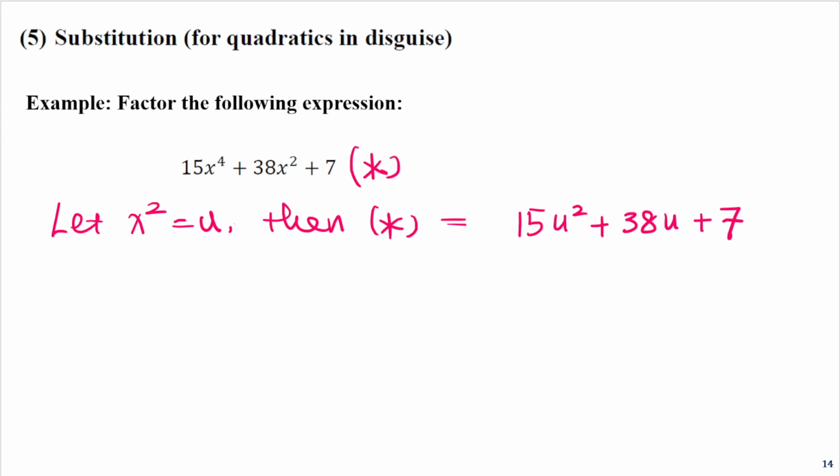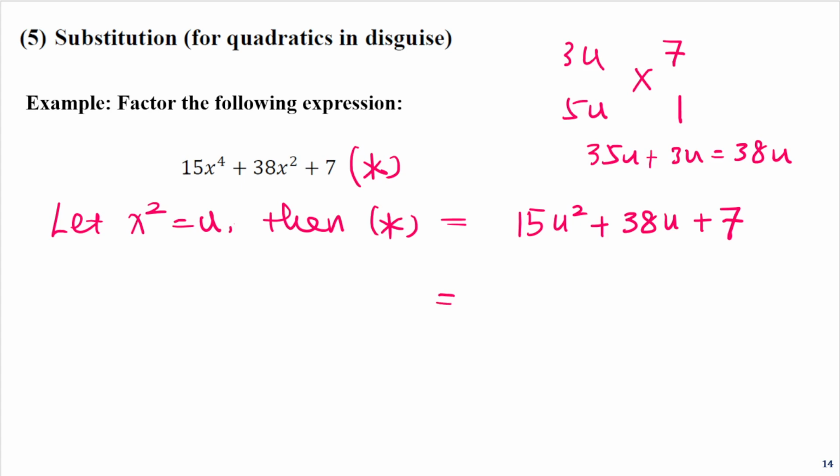So we can use the trial and error method, right? 15u can be factorized to 3u by 5u. In order to have 38u there, we need to factorize 7 to 7 by 1. This will give us 35u plus 3u, which is 38u in the middle.